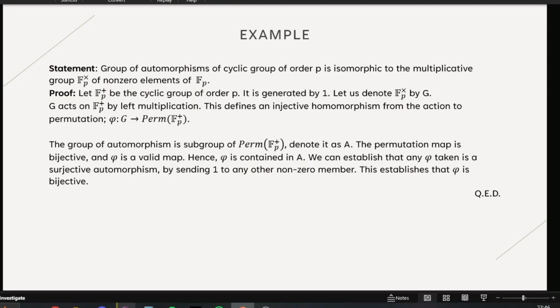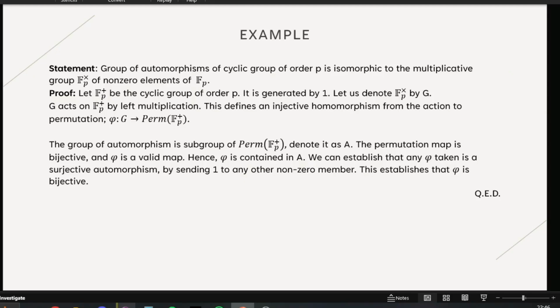Since the permutation is bijective, that map is surjective. We can fix this by sending the identity 1 of the additive group to any other non-zero member. So in that sense, the homomorphism is also bijective, since we have established both injectivity and surjectivity. So this is one example.